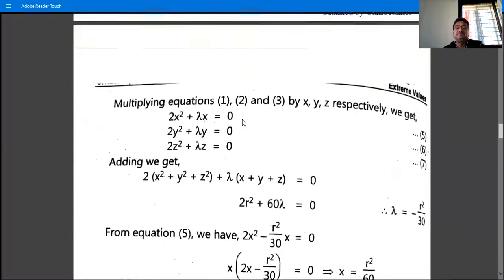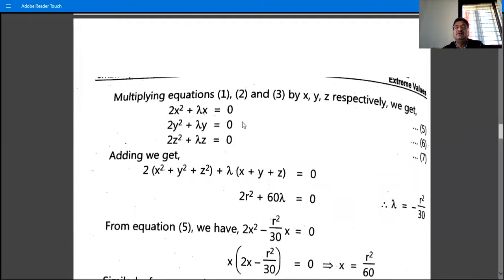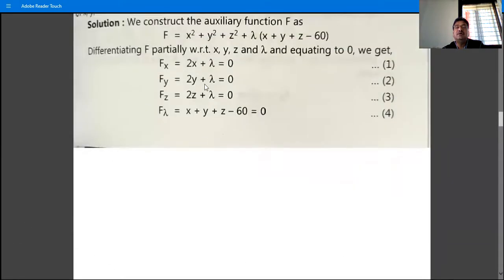Same procedure. We have the values of x, y, z from equations 1, 2, 3 in terms of lambda, so we apply the first method: find x, y, z in terms of lambda from 1 to 3, and substitute in equation number 4 to get the value of lambda, and then again we get the values of x, y, z from these equations.